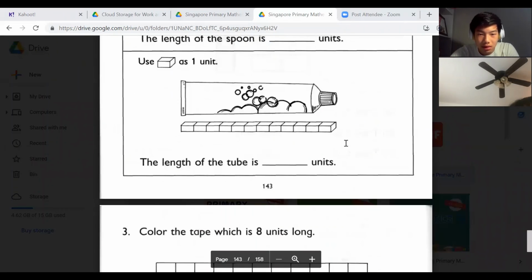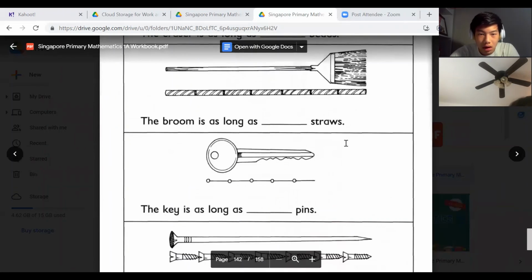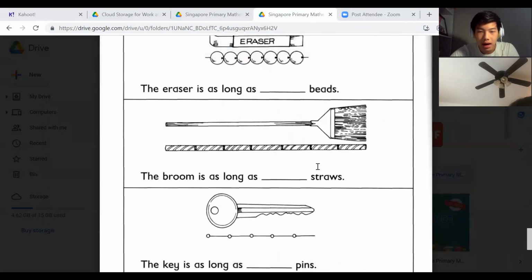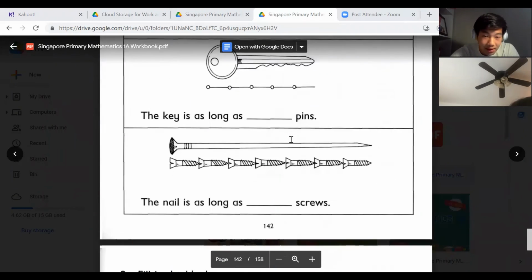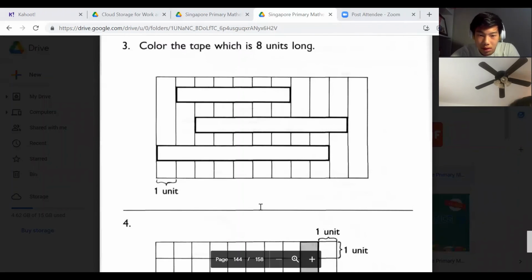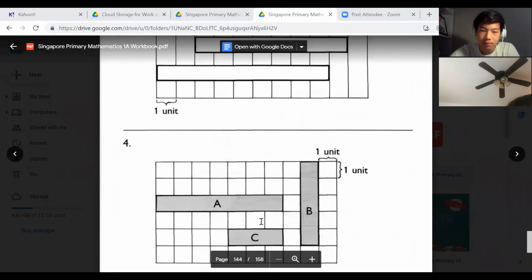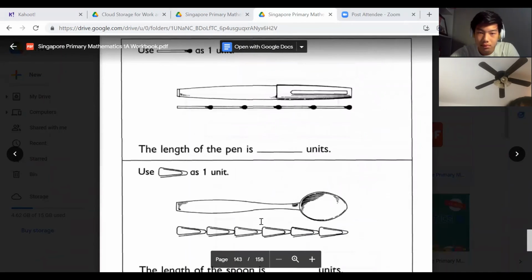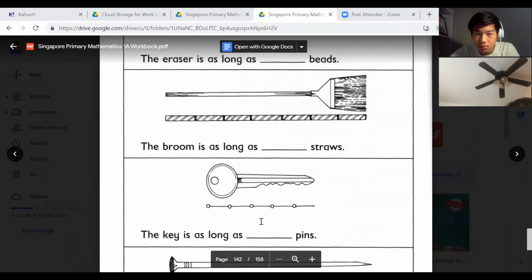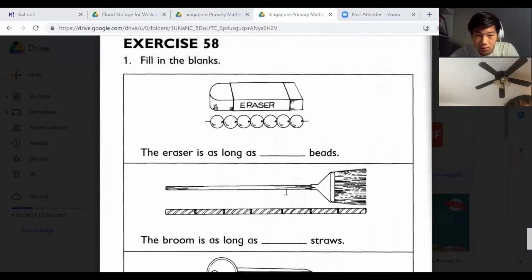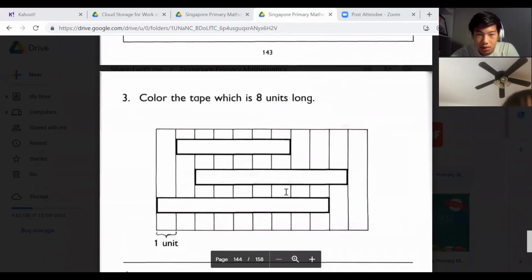And then I think we have time for one more. Okay, Irene, do you want to do the fill in the blanks or another one of these tape problems? Fill in the one of those tape. Oh, okay.